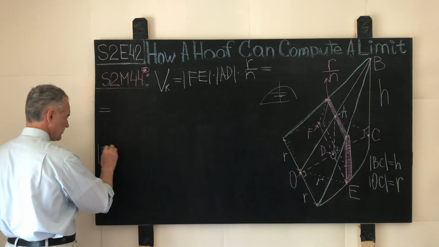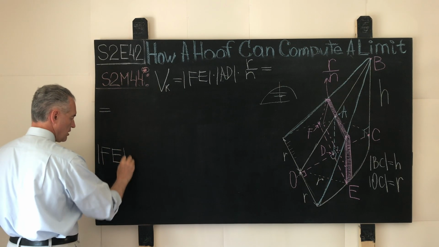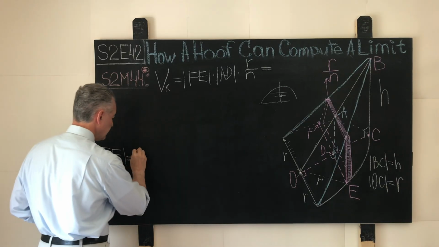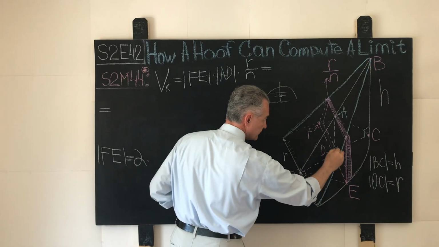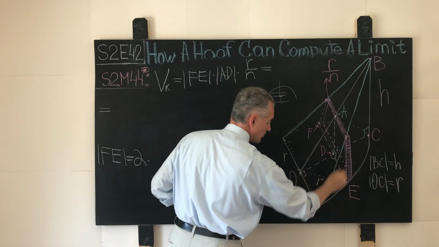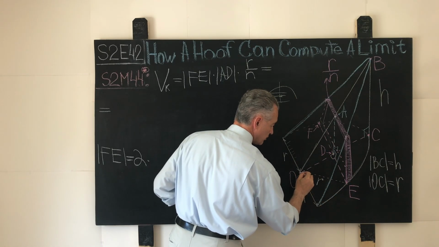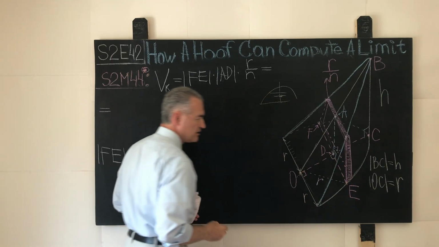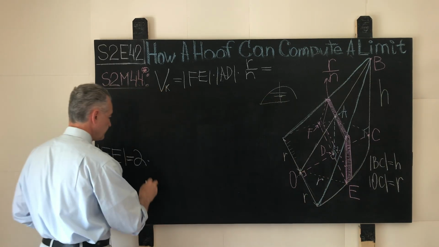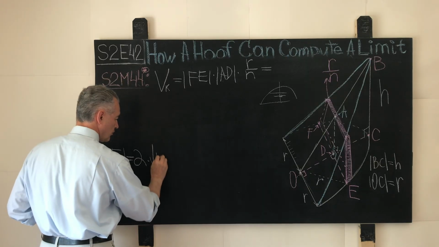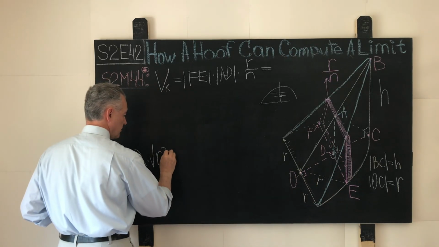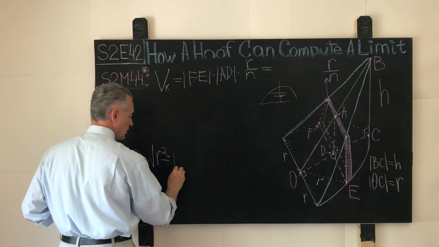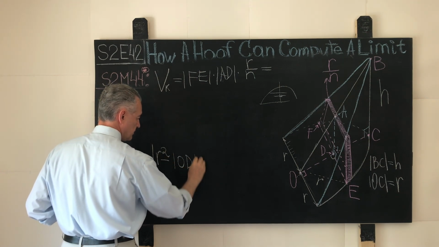The distance FE will be what? It will be twice, it will be this distance FD plus DE. But DE from the right triangle ODE by the Pythagorean theorem is what? It's the square root of R squared minus OD squared.